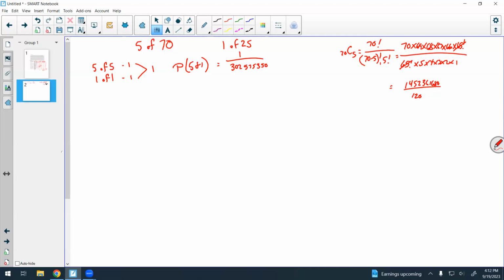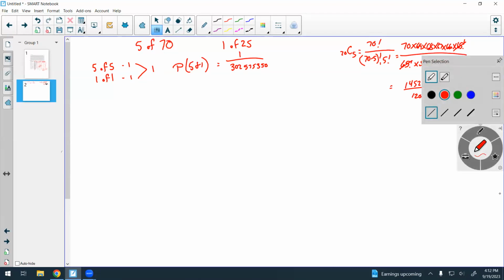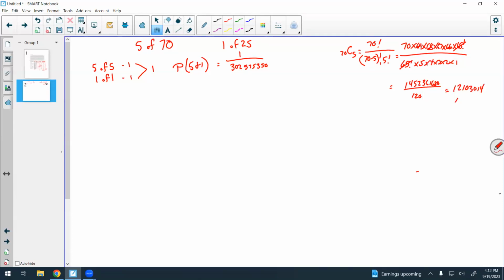We do the division, and I get 0.3014. And then there's, of course, 25 balls, so there's 25 ways to pick the Powerball. So we multiply that by 25.